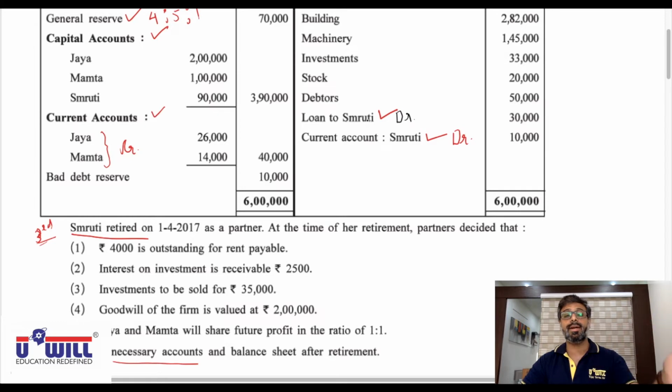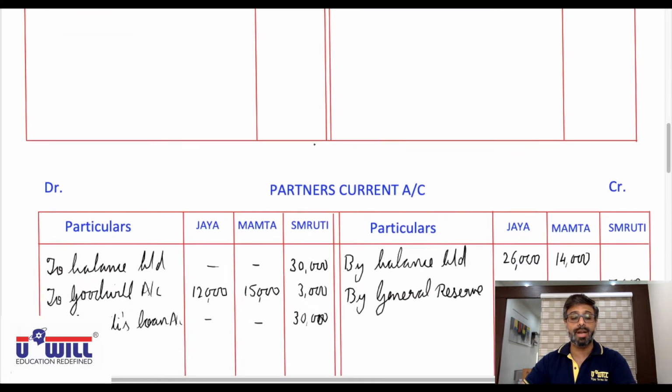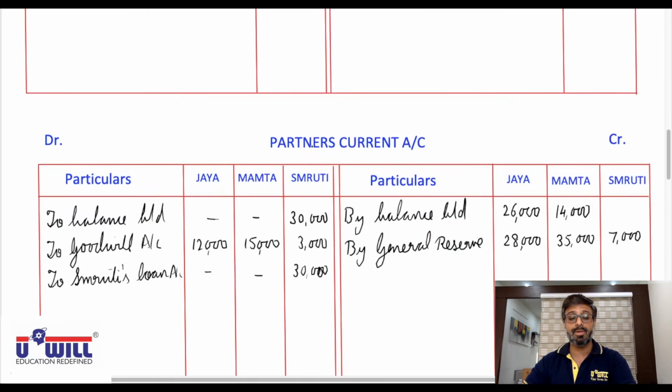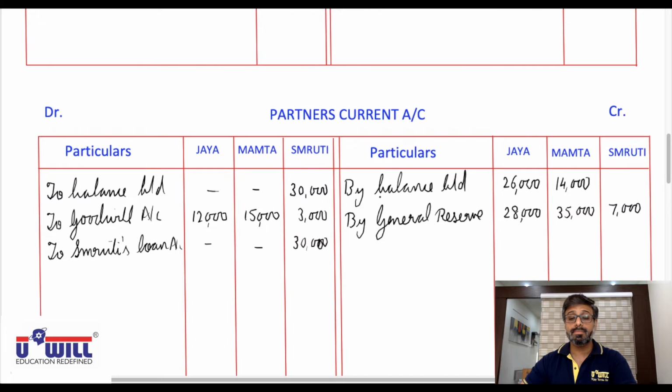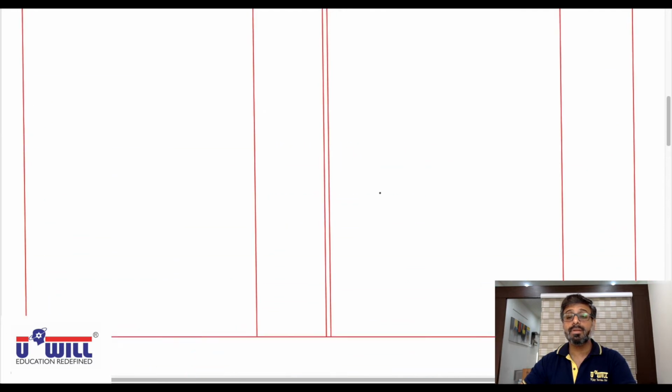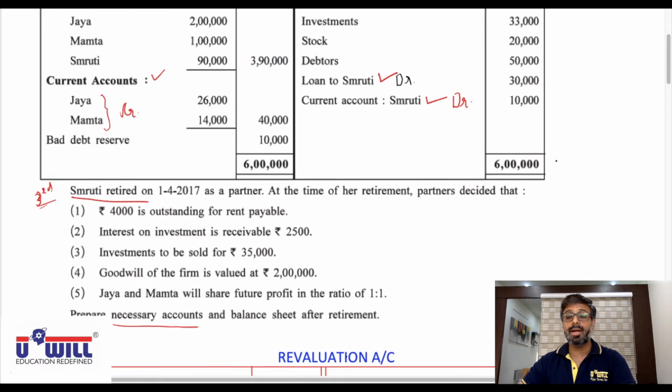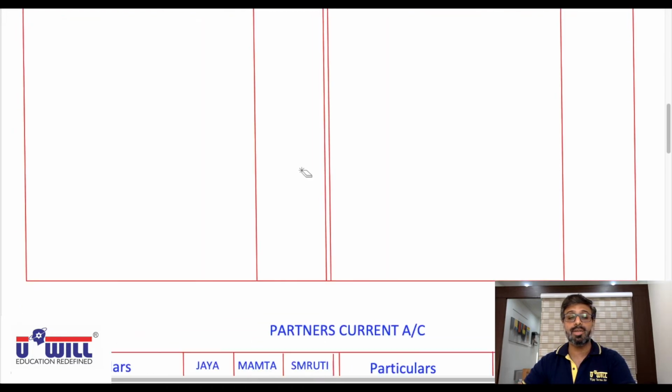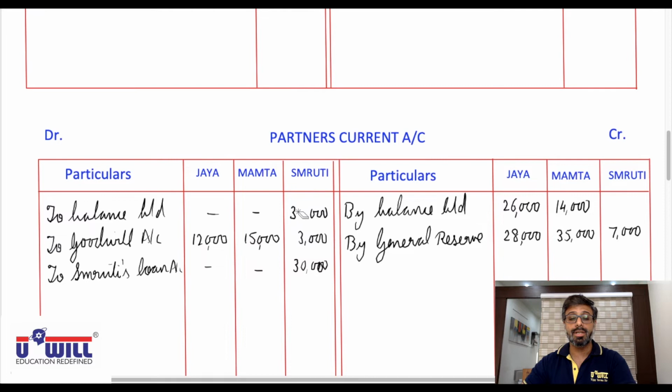So Smriti's current account debit to loan to Smriti account. Current account balance of Smriti is a debit balance, so we have to write on the debit side 10,000. Current account balance is 10,000. By mistake I have written 30,000, that is loan amount, so all of you make the correction. Smriti's current account balance is 10,000.